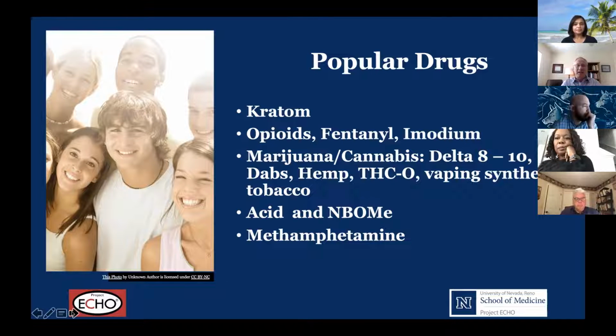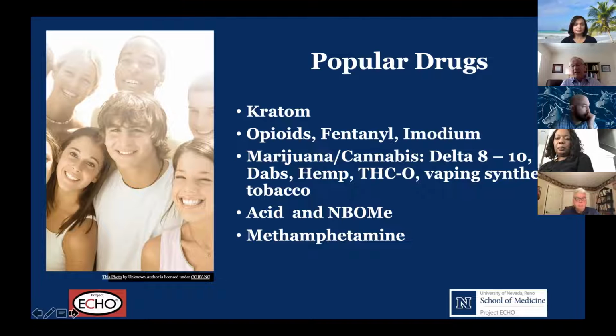Also, cannabis has a lot of lacing going on. There's also vaping. Somebody was going to be regulating tobacco for vaping, and so they figured out a way to make synthetic tobacco so that it can't be regulated until they get caught up with that new product.